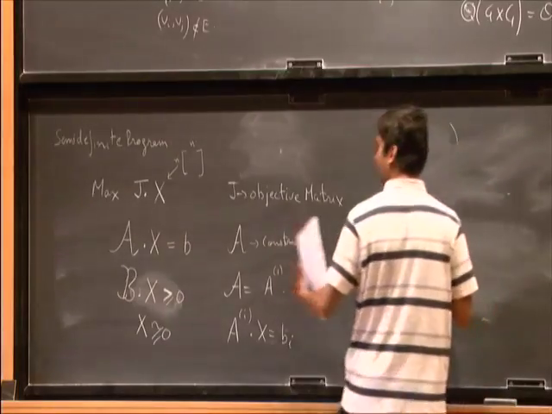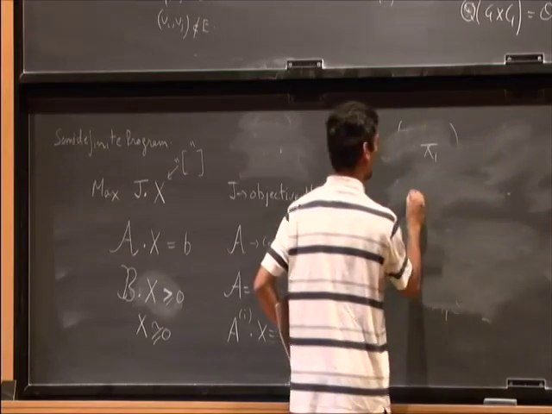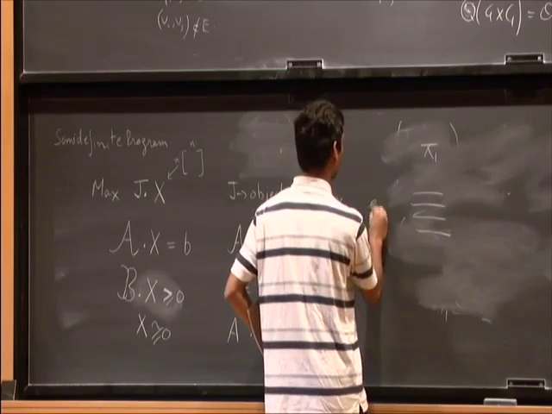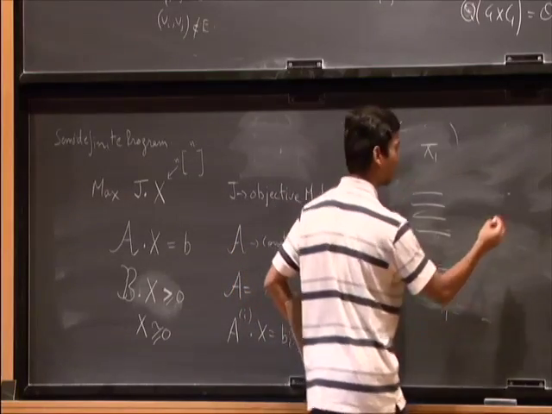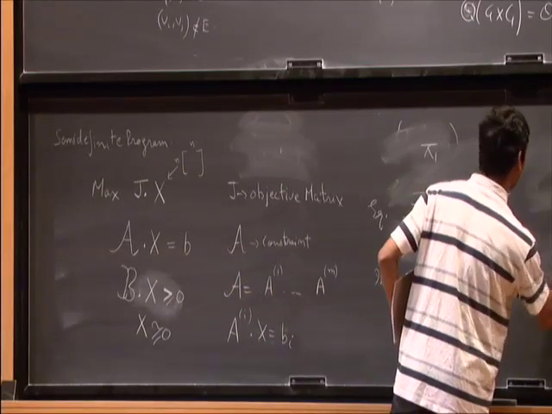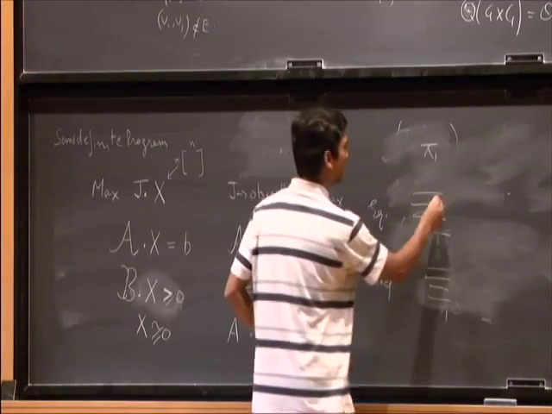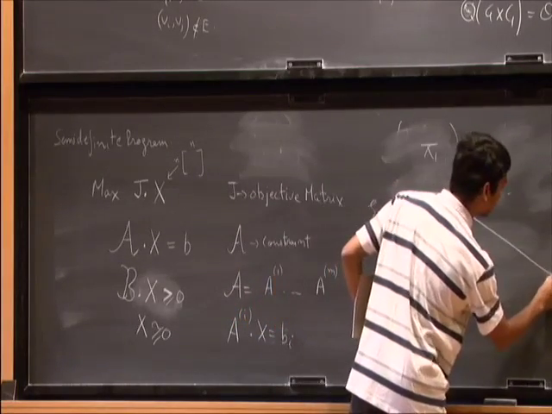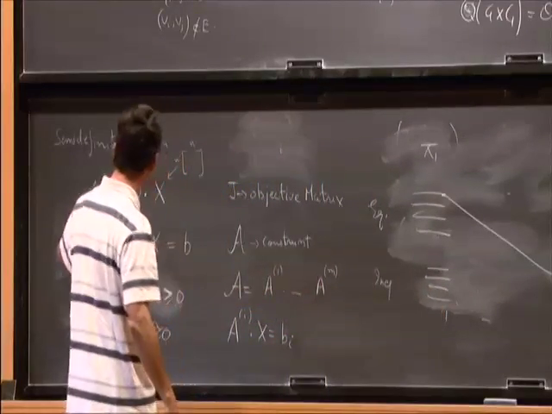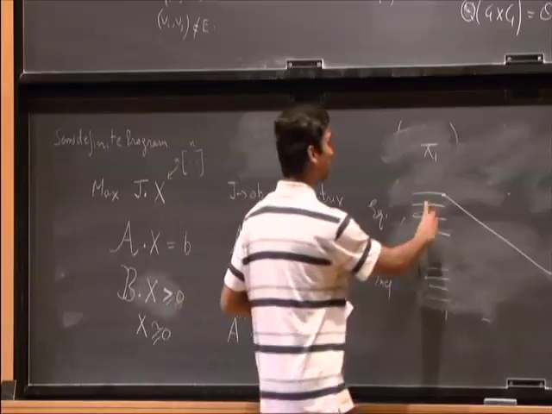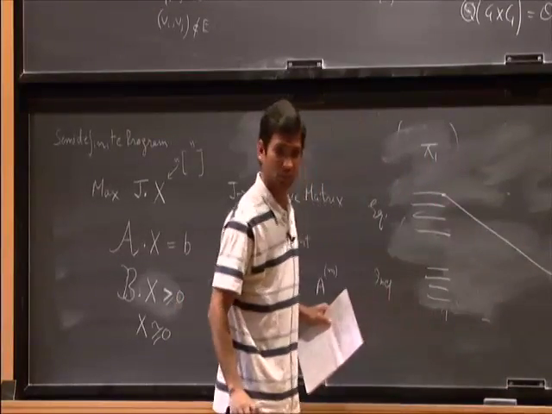Let's say I have two instances, pi1 and pi2, each with some equality constraints and some inequality constraints. In the previous case, this constraint would be multiplied by this constraint also. But for this kind of program, what you want is that only these are multiplied by these, and these by these.